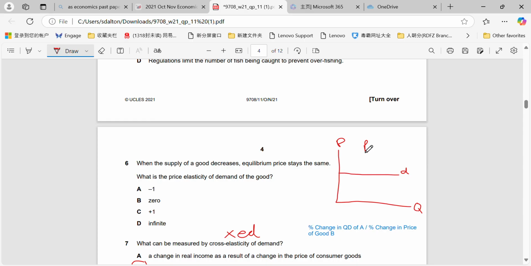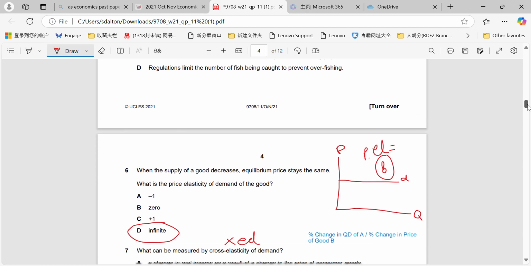If you know from your theories of PED, perfectly elastic equals infinity as the PED value. Perfectly inelastic, PED value 0. Perfectly elastic, PED value infinity. Because price will never change, but demand can change rapidly.